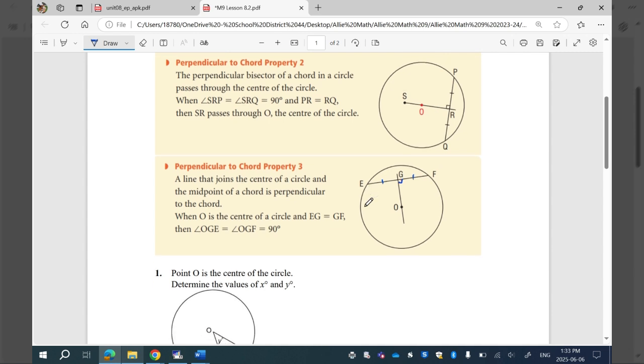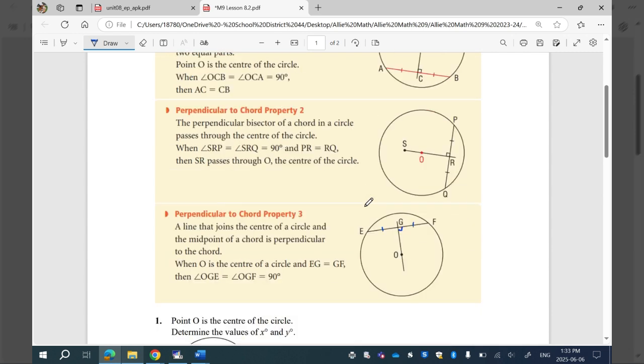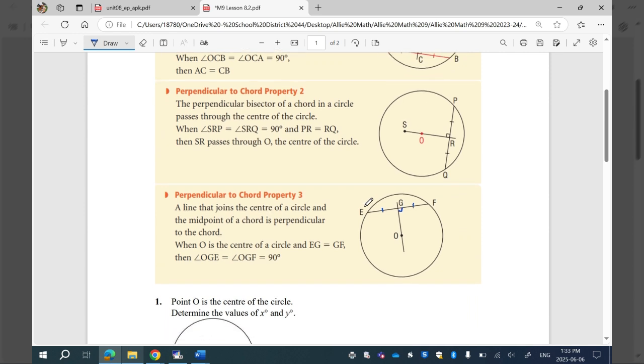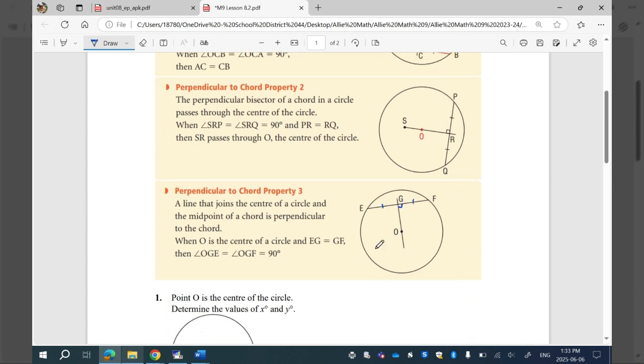It's hard in a way to see the distinction, but I included all the properties nevertheless. What we need to know is that a line that is perpendicular to the chord and passes through the center makes 2 90-degree angles, and it splits the chord perfectly in equal parts.